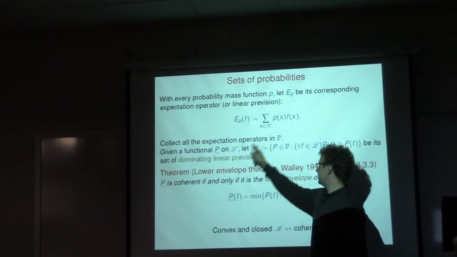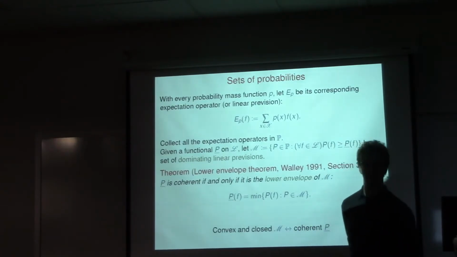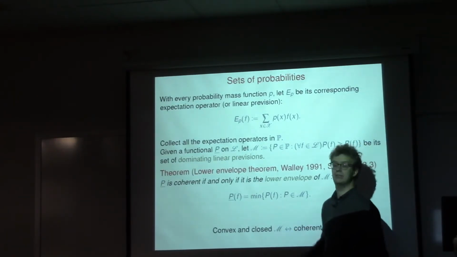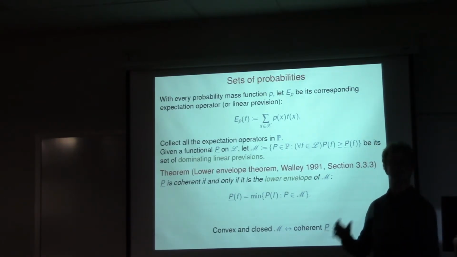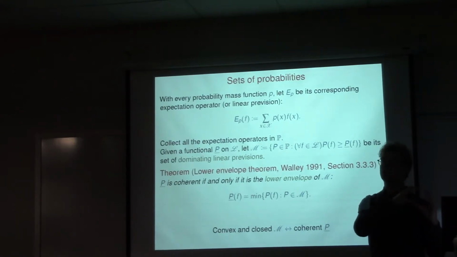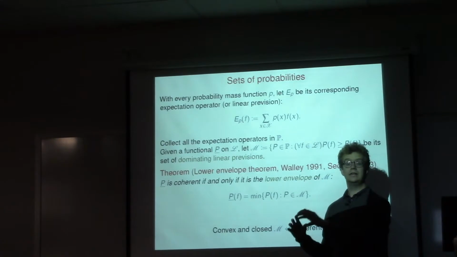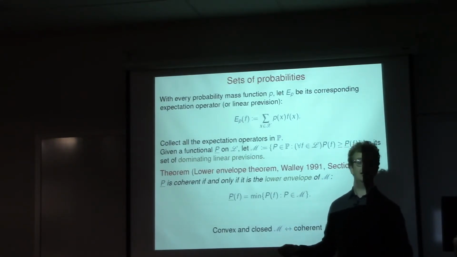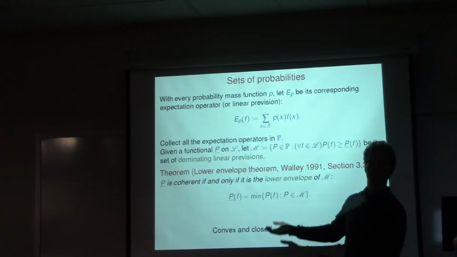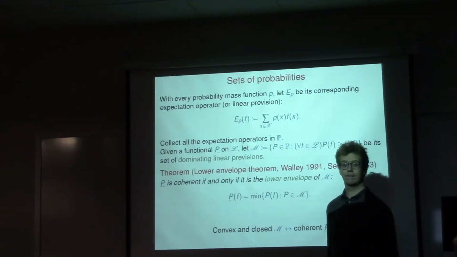And this characterizes completely my original lower prevision, just by taking the lower envelope. That's Walley's theorem, and it connects the language of closed and convex sets of probabilities with coherent lower previsions, and therefore also with sets of desirable gambles, which we have seen is more general than a lower prevision. Is that clear for everybody?